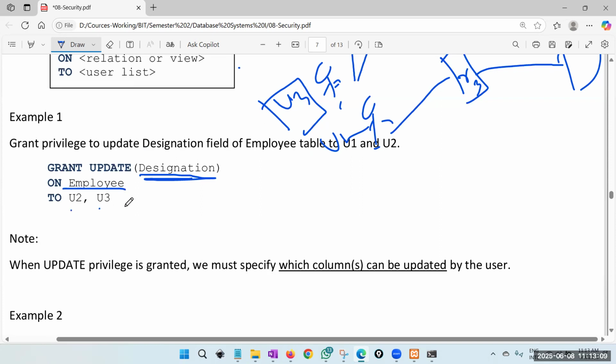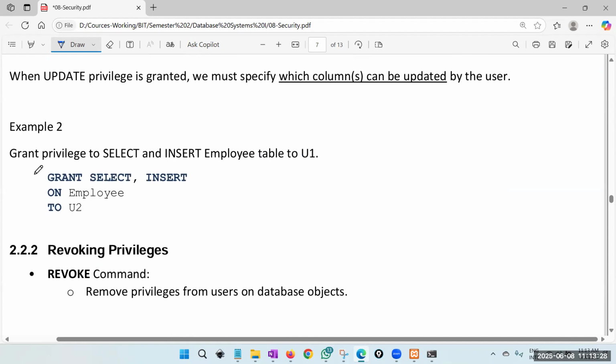Two, if you have multiple users, you can use multiple users, comma separated. That means now user 2 and user 3, of course, user 2 and user 3 must have been already created, can write an update statement on the employee table, but they can only update designation. They can't update salary and so on. Okay. What is this? Grant select and insert on the employee table to user 2.